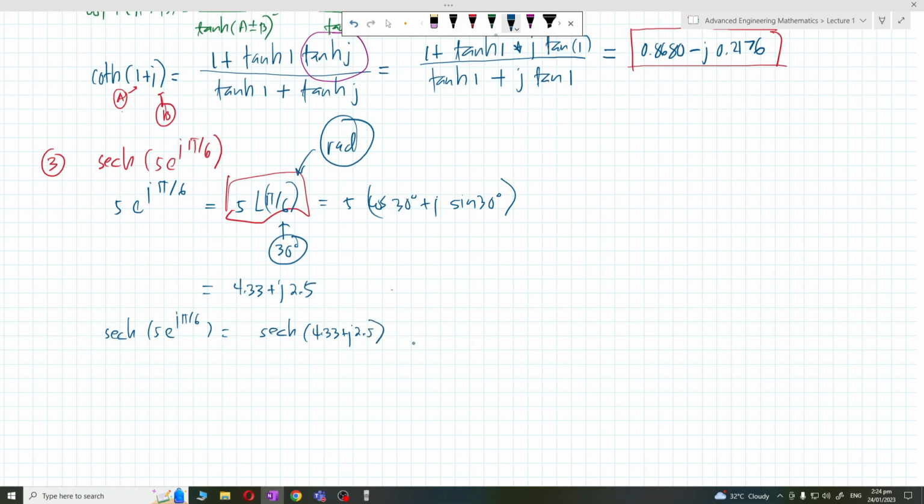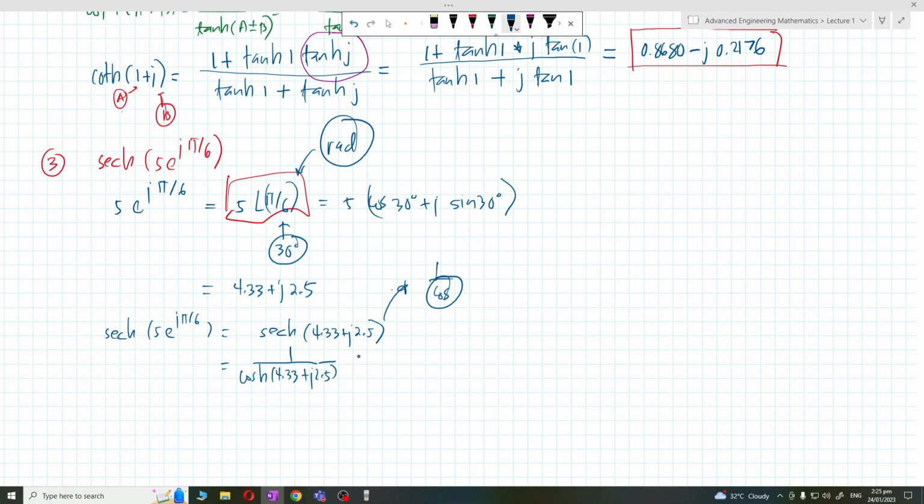Okay, and again, pag secant guys, ano siya? The reciprocal of cosine. So this is the same as 1 over cos. So secant is 1 over cosine hyperbolic ng 4.33 plus j 2.5.